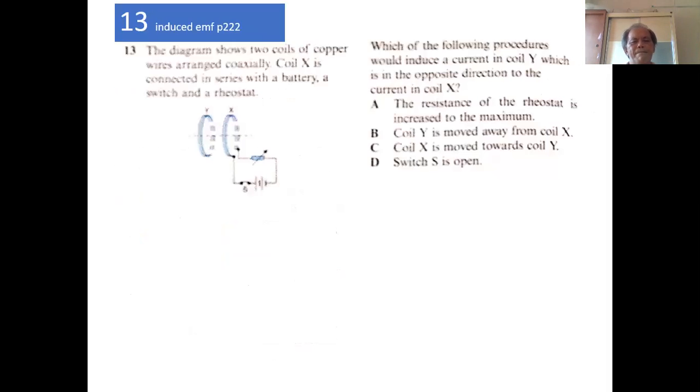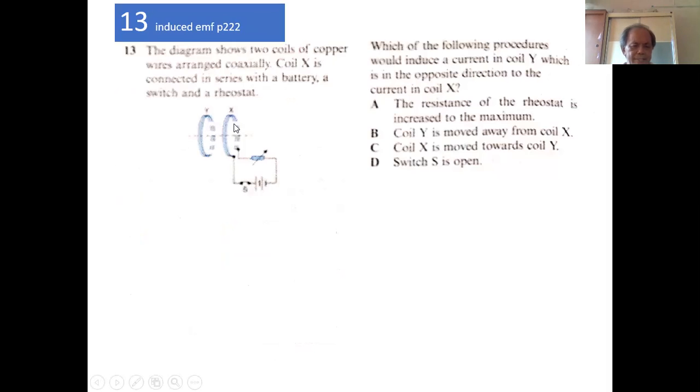This one, number 13, page 222. The diagram shows 2 coils of copper wire arranged coaxially, on the same axis.